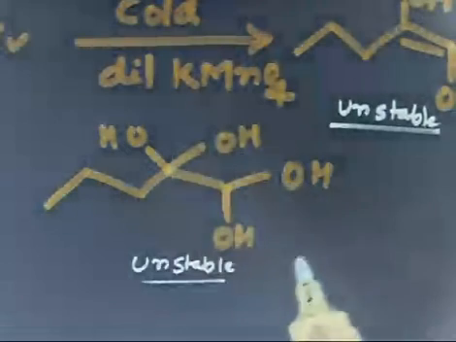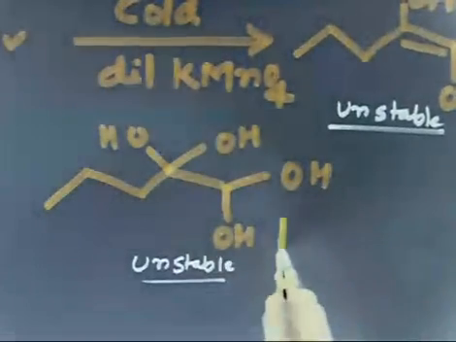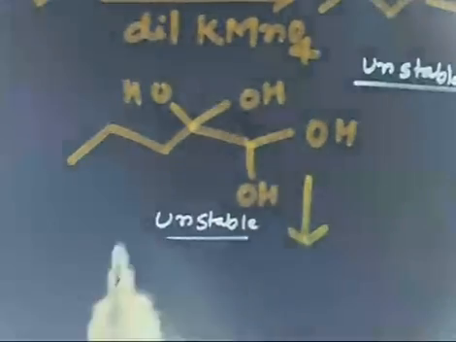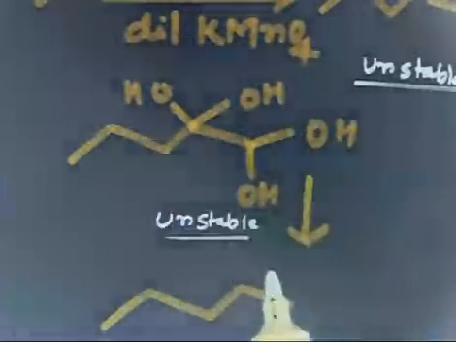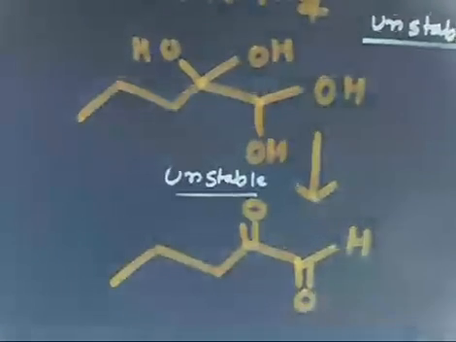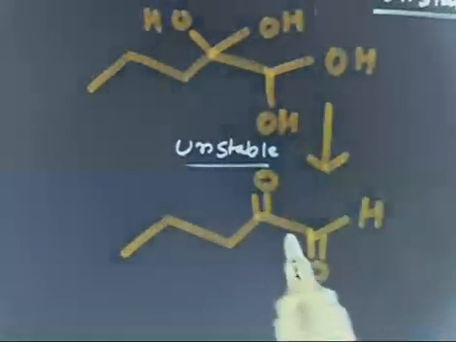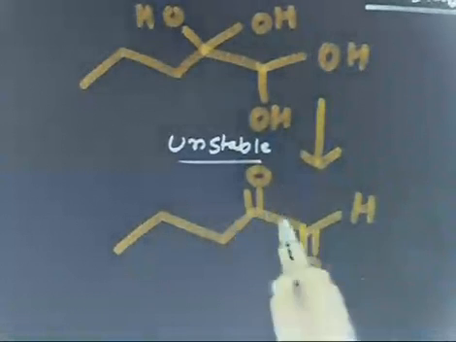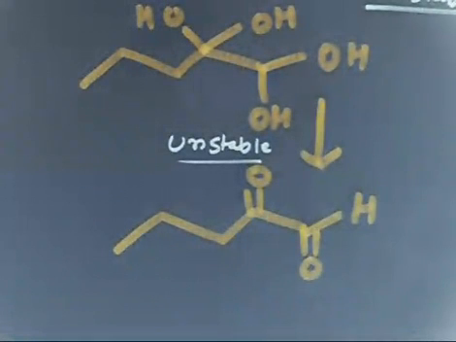It also loses 1 molecule of water from here. So you will have a double bond O at this carbon, and a double bond O at this carbon, and there is a hydrogen. So basically this will give you a diketone. In this case 1 ketone and 1 aldehyde. So you will get 2 carbonyl compounds.